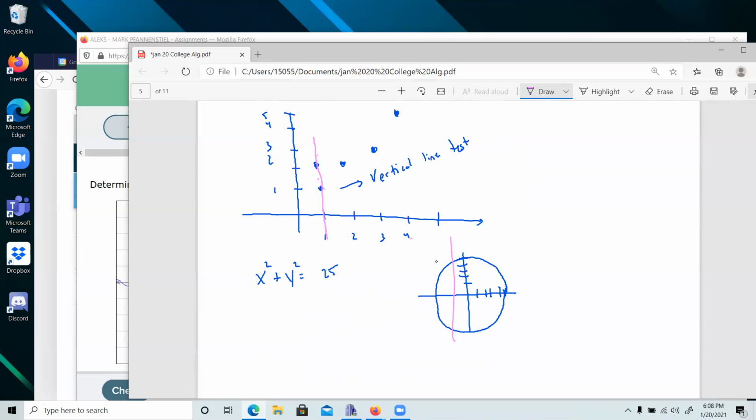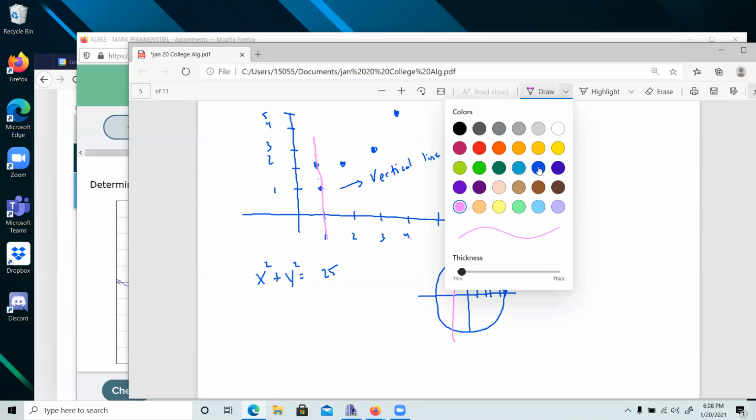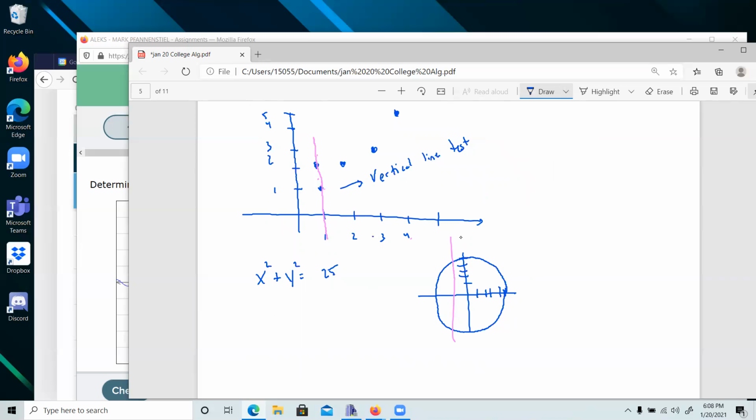Right? So because it fails the vertical line test, this is not a function. You can either have the upper half or the lower half, that's fine. But because it does both, you can't have it. All right. So not a function. But it is a formula. Like that's not part of the rules.